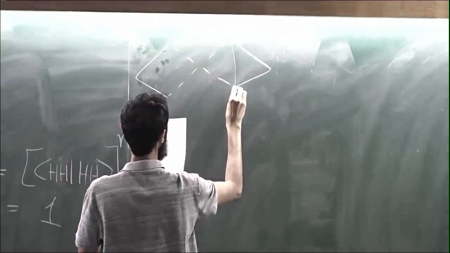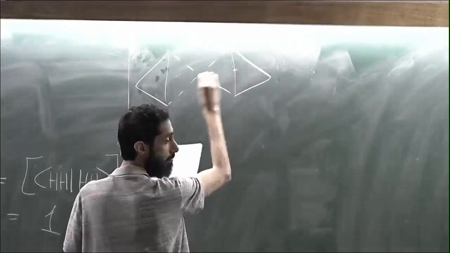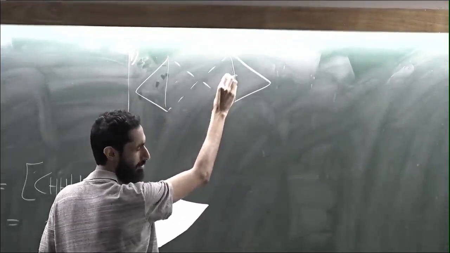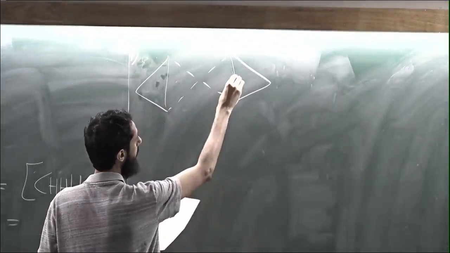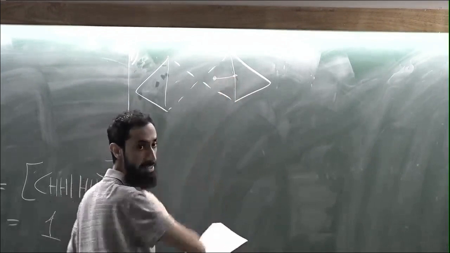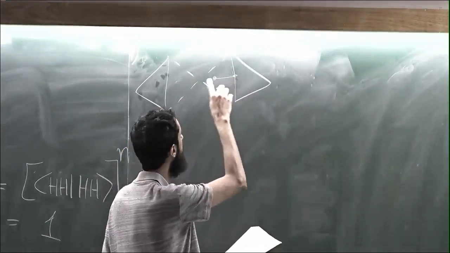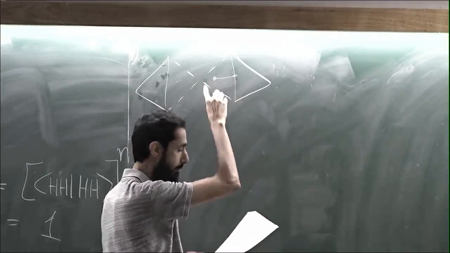So let's compute the entropy just of the right. Then you find that there's an island, or not. Sorry. The quantum extremal surface is somewhere here. It's actually outside of the horizon. So the right boundary does not describe the region near the horizon.